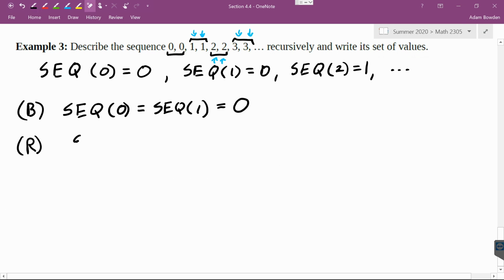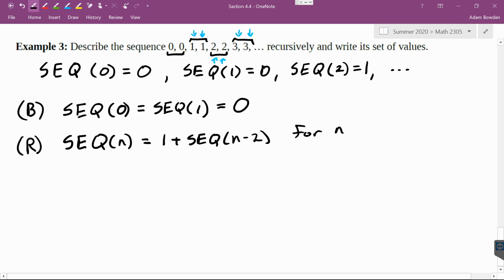So our recursive part of the definition here will say sequence of n will be 1 plus the sequence of n minus 2 for n greater than or equal to 2. Now we will need to double check and make sure this works. It's going to take 1 and add it to the entry that's 2 steps behind.